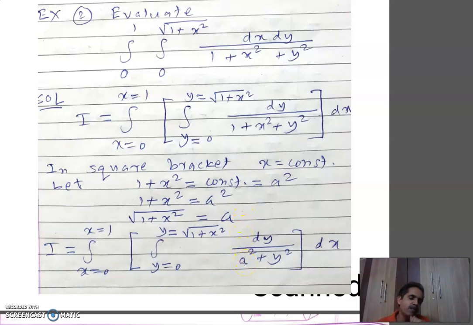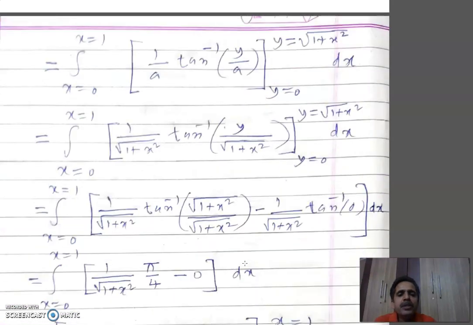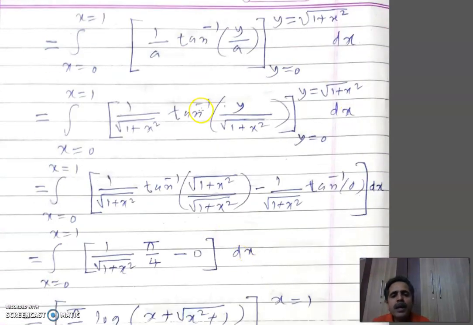And you can see that in the square bracket we have a very simple integration, 1 by y square plus a square dy, and it is a standard integration, and its integration is 1 by a tan inverse of y by a with same limit y is 0 to y is under root of 1 plus x square.